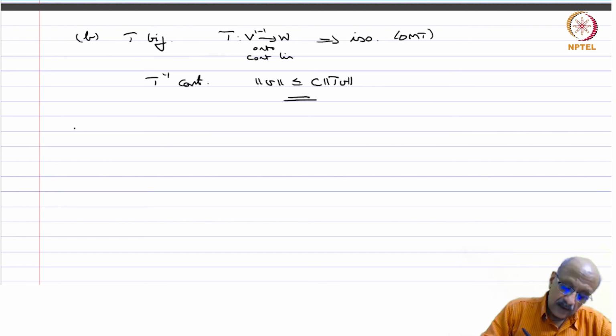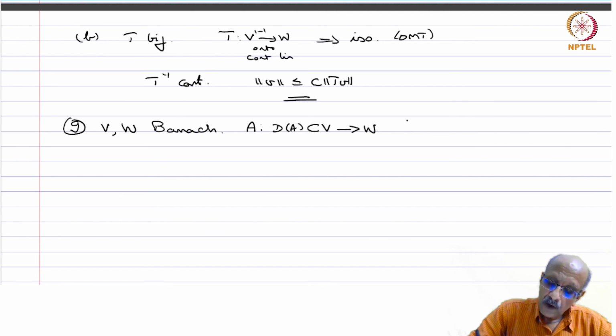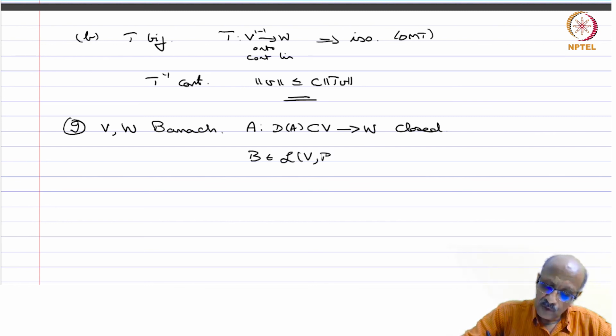Then nine. V, W Banach, A from D(A) contained in V into W a closed operator. That means the graph is closed. Let B belong to L(V,W), a usual continuous linear operator.